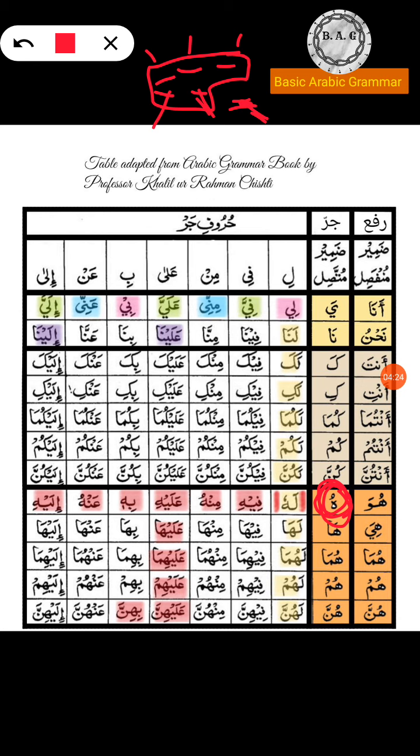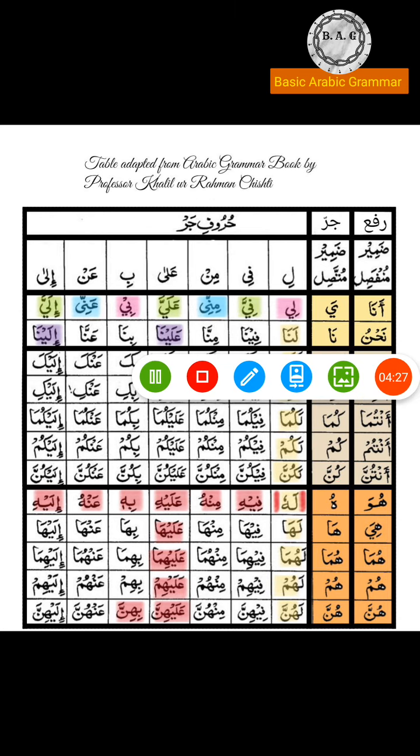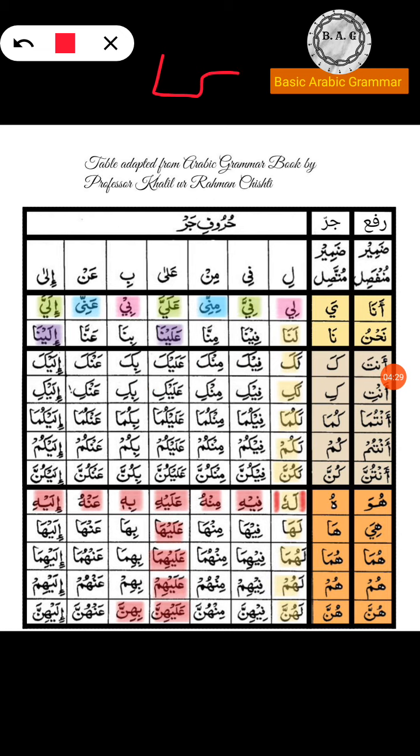So this block was the one in which the he or the ha had two variants. It could either carry a dhamma, or it could carry a kasra.